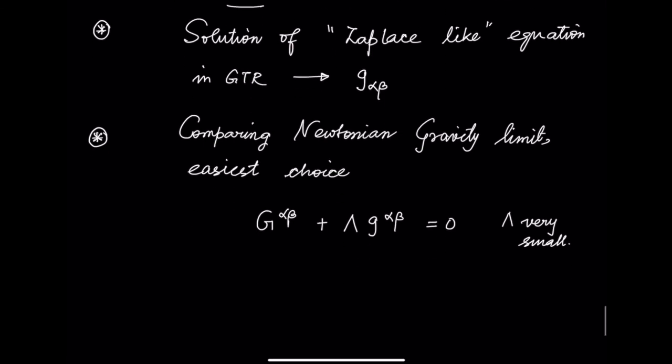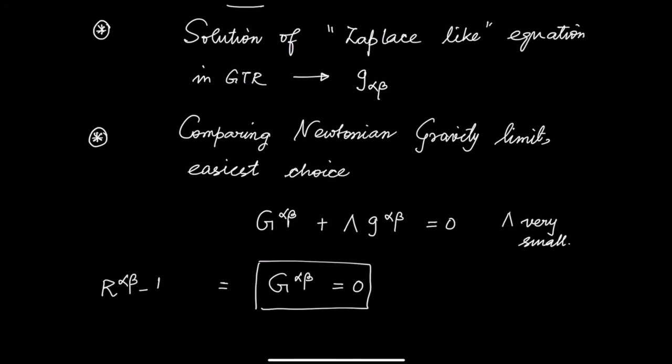Actually, if I want to write exactly for Newtonian gravity, it is just G alpha beta equals 0. G alpha beta, if you remember, is the Einstein tensor, which you introduced last time, and you probably know now why it is called the Einstein tensor. This is what Einstein found as the equation for the GTR.